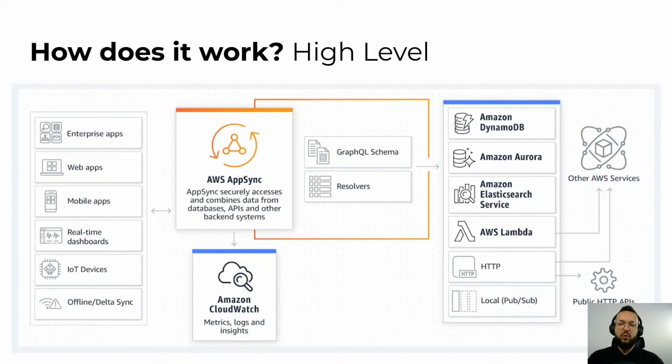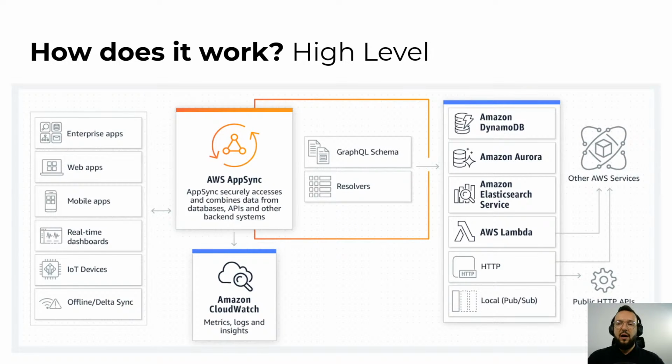From the highest point of view, AppSync is basically a gateway that intermediates between clients and the data stores. For example, you can have enterprise applications, web applications, and mobile applications, all of which can query your data via AppSync.